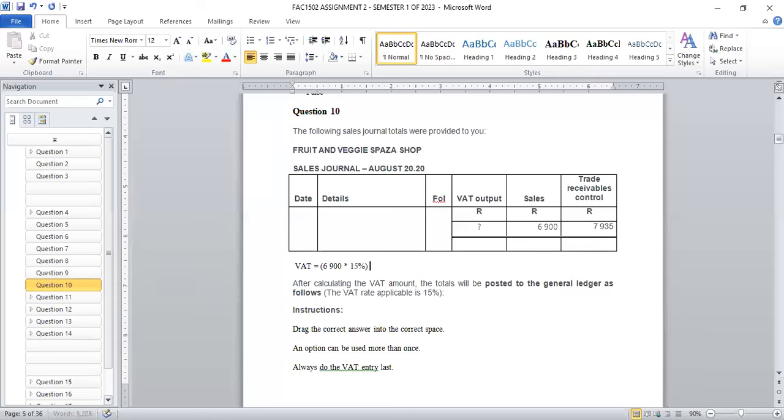Or you can say 7,935 times 15 divided by 115. What do you get? 1,035.